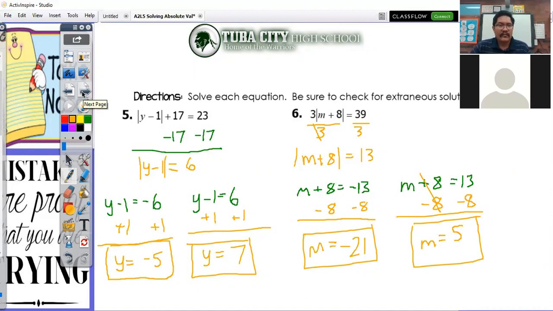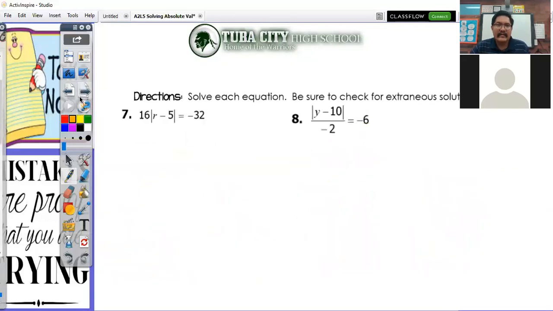I'm going to move over to the next one where we have these. And again, we have a multiply times the absolute value. So again, it's treated just like a grouping symbol.